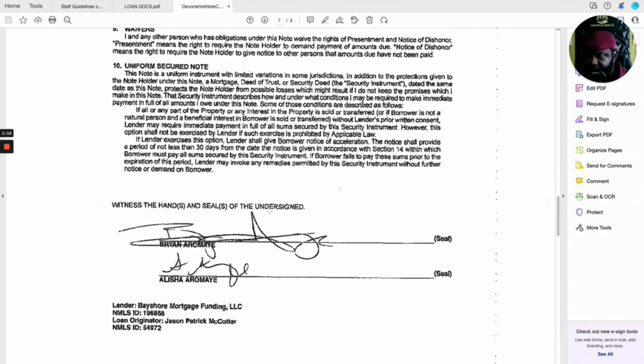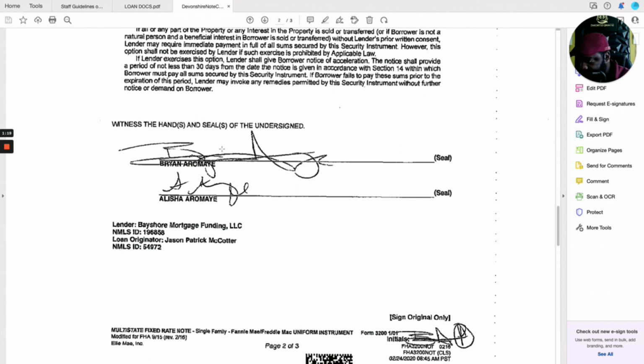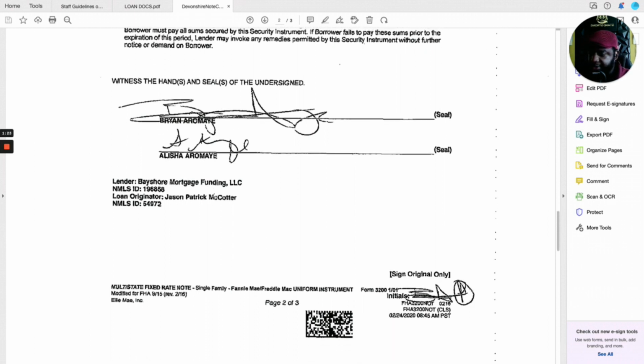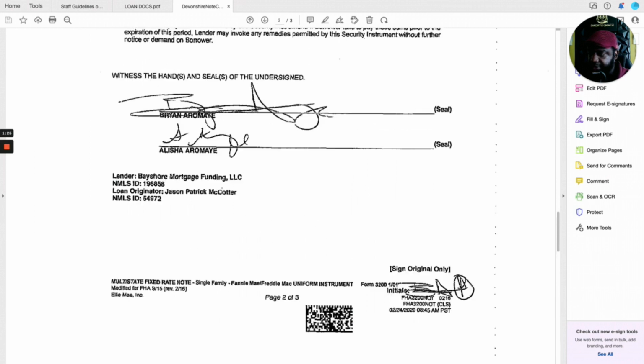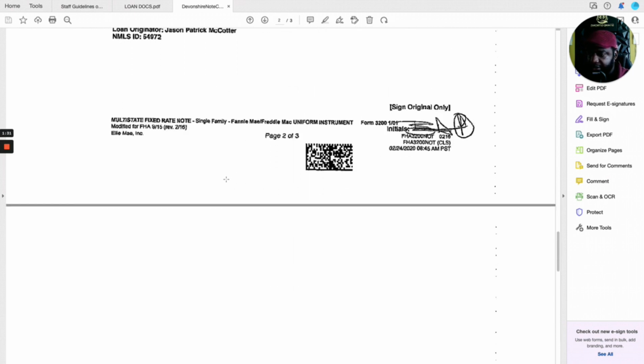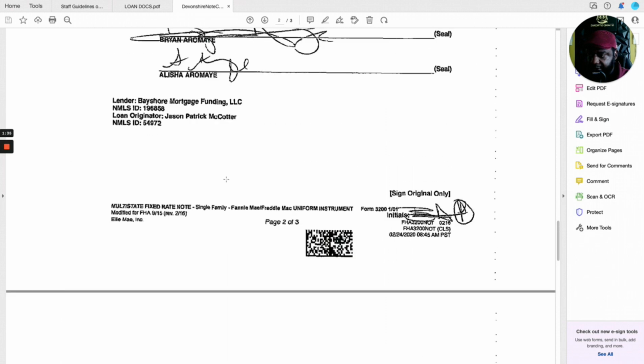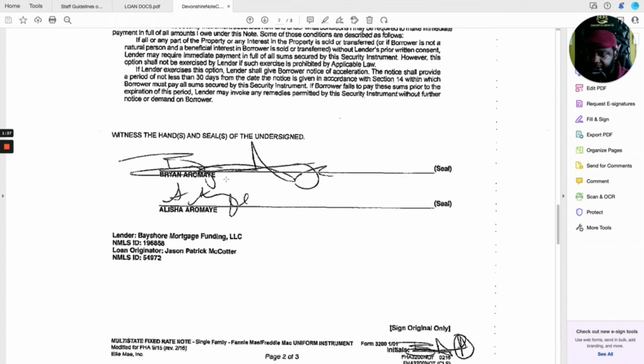Then we get to the signatures right here. You see me, okay, they have the all caps name with a signature there. Now you notice something that's not on this document, right? Outside of the all caps name signature right here, this document is not notarized. Okay? It's not notarized. So what does that mean? The other documents are all notarized, right?